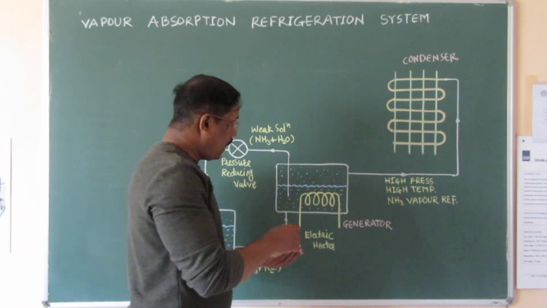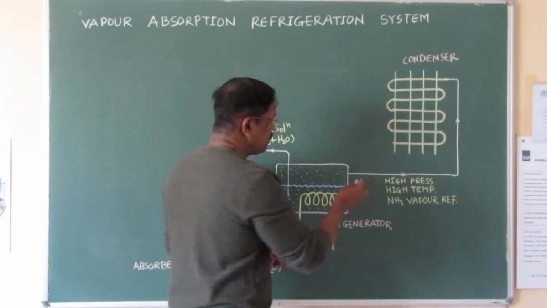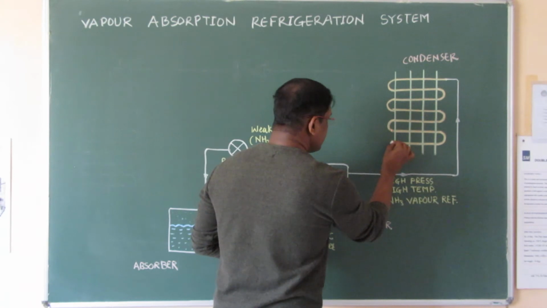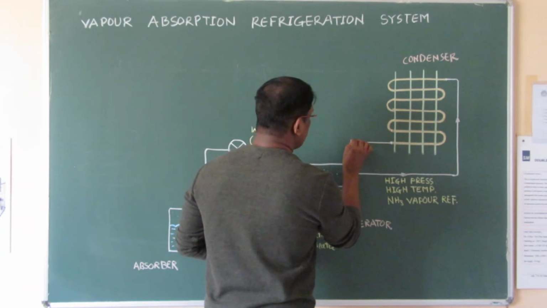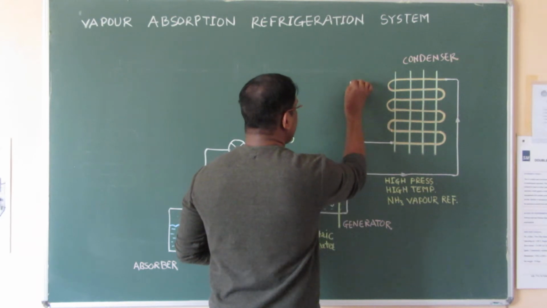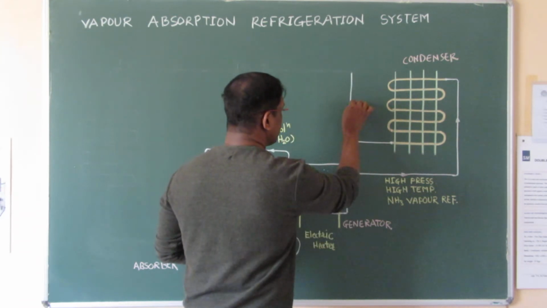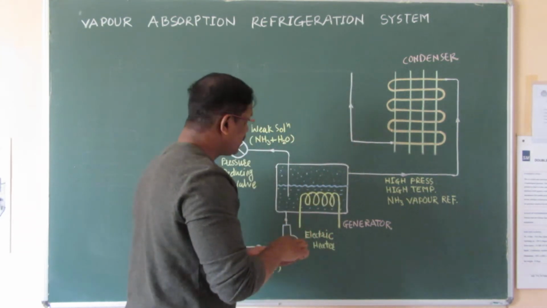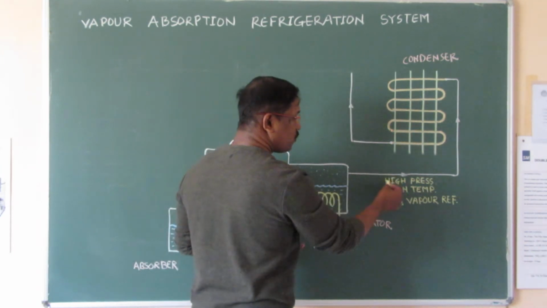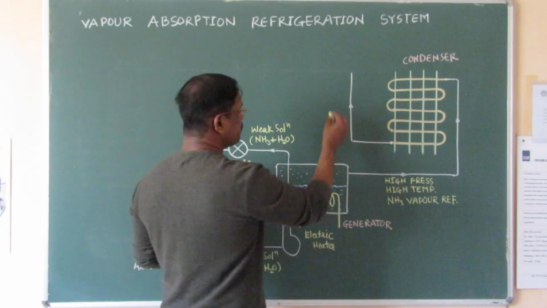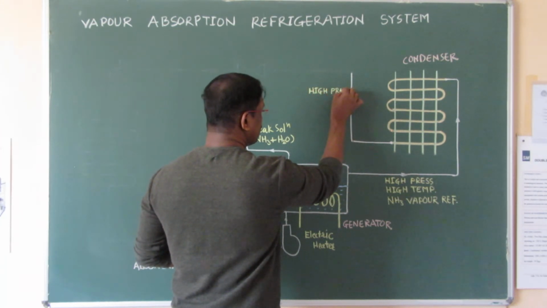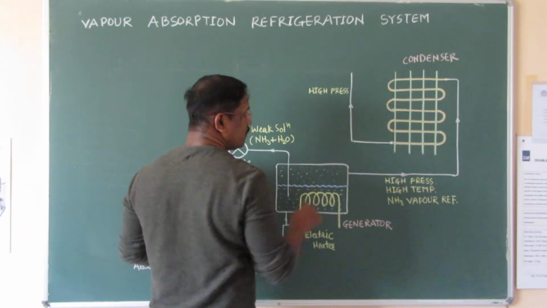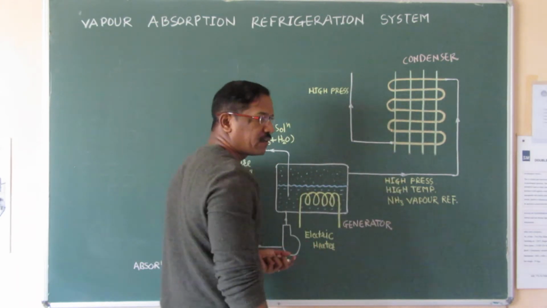Now the outlet of this condenser unit has a property that the condenser is not going to reduce the pressure, so pressure remains as it is, high pressure. But it reduces the temperature.